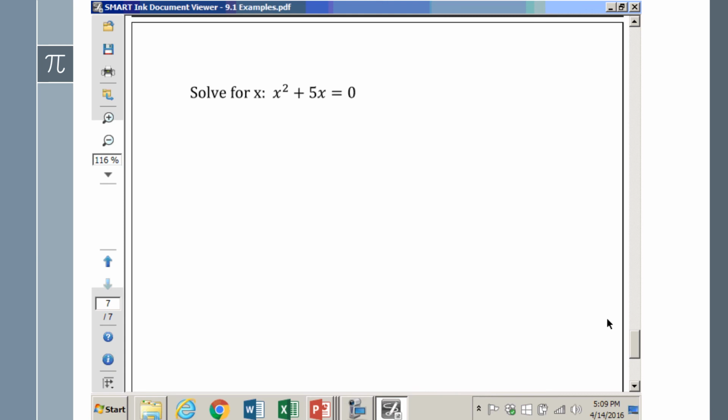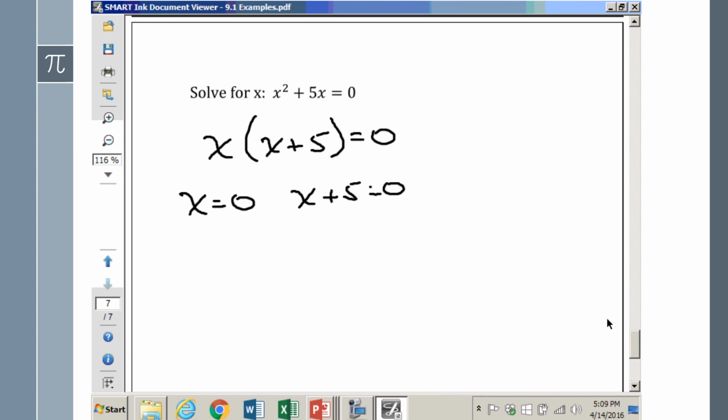In this case, we can factor an x out, so we would have x times the quantity x plus 5 is equal to 0. Now we set both factors equal to 0. x equals 0, x plus 5 equals 0. Therefore, x is equal to 0 and negative 5. Easy problems to do. Good luck.